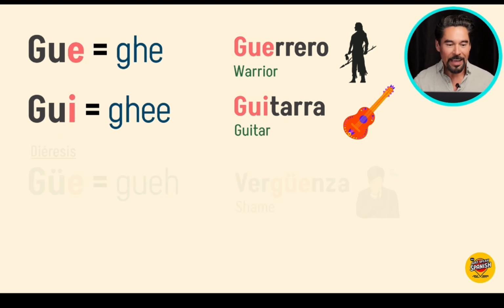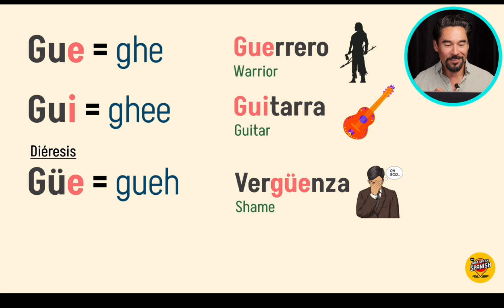Okay? And next, in Spanish, we have these little two dots on top of the U. And this is called diéresis. And all this means is that whenever you see the G, the U, and the E together, if you have the U with those two little dots, you have to pronounce the U. That's all that means.